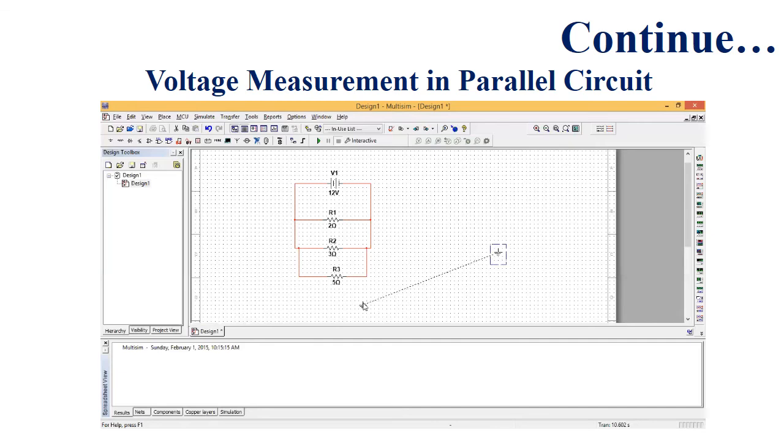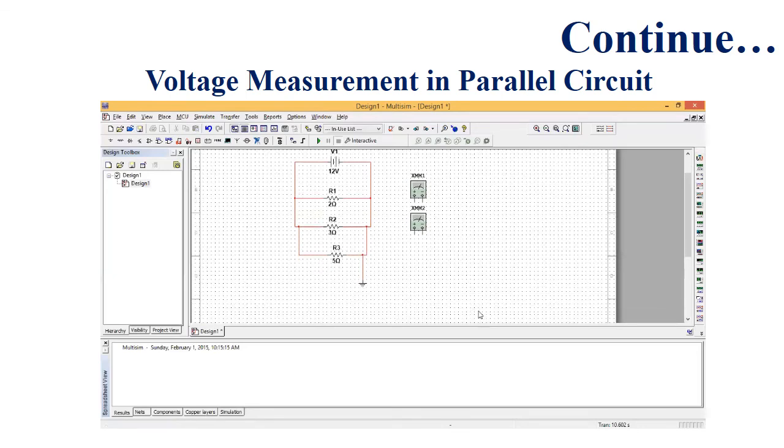Then connect ground block. As we know that in a parallel circuit we have equal voltages across each branch, so we will connect 3 multimeters across each resistor.